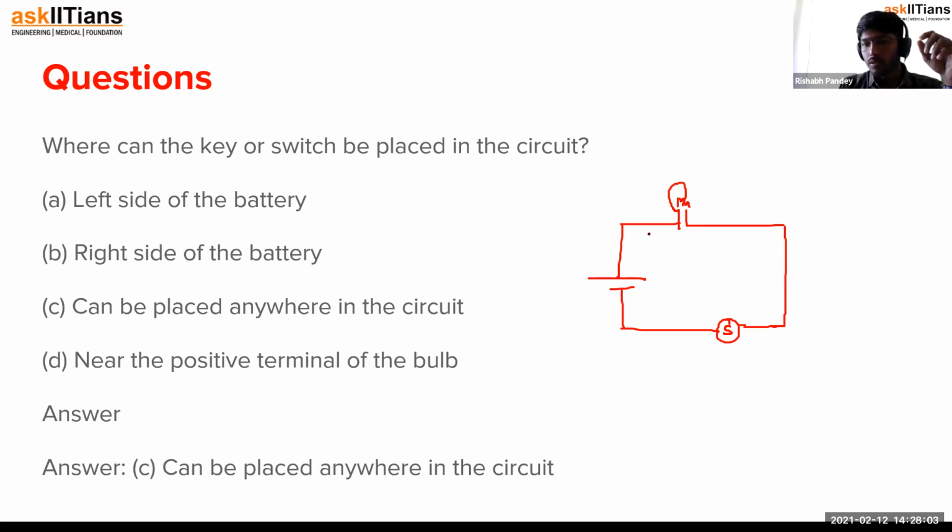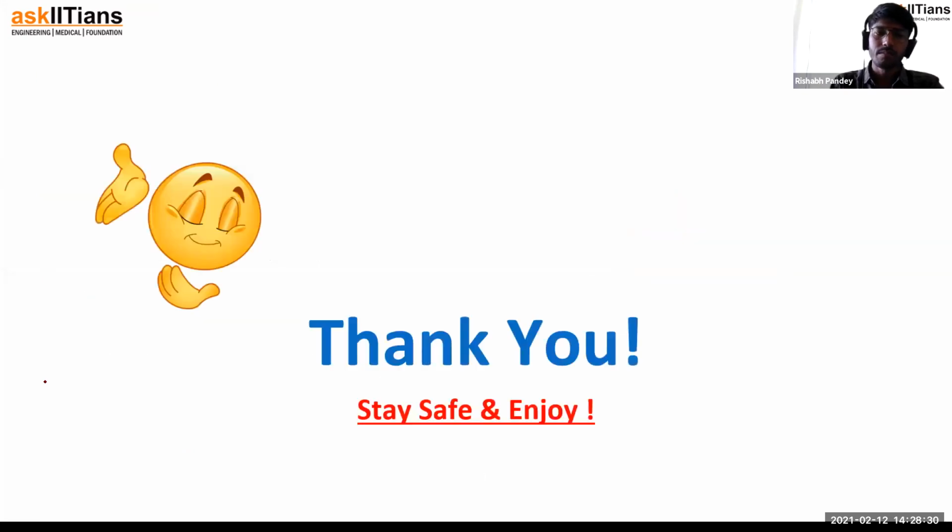If I keep this switch somewhere else instead, will it make any difference? The point is that we should not allow current to flow in the circuit. If I break the wire here, or here, or here, in none of the cases will the current flow. So obviously the switch can be placed anywhere in the circuit. The other options are absolutely wrong.